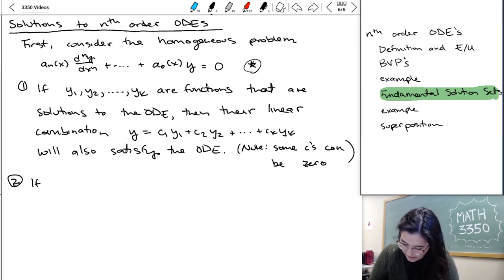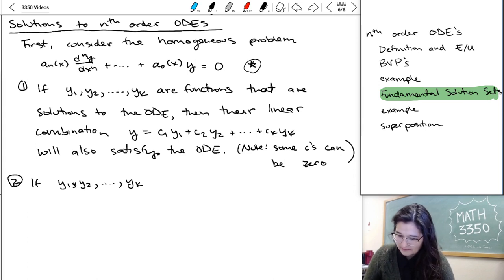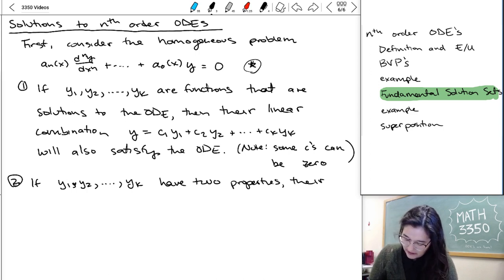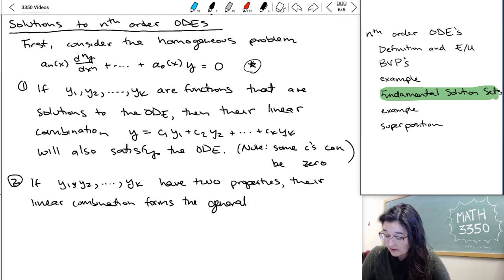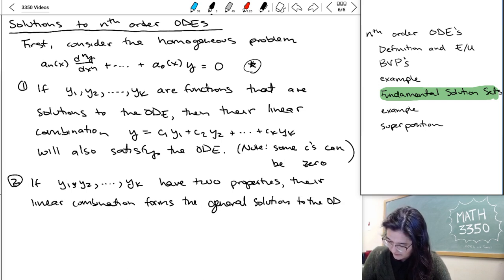So if those y1 through yk have two properties, then that linear combination is going to form the general solution to the ODE.